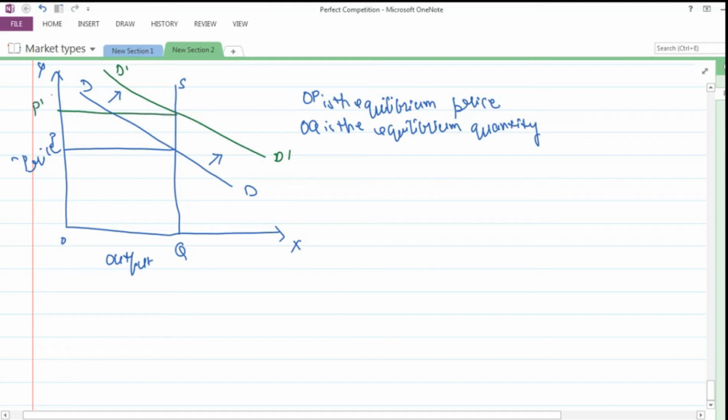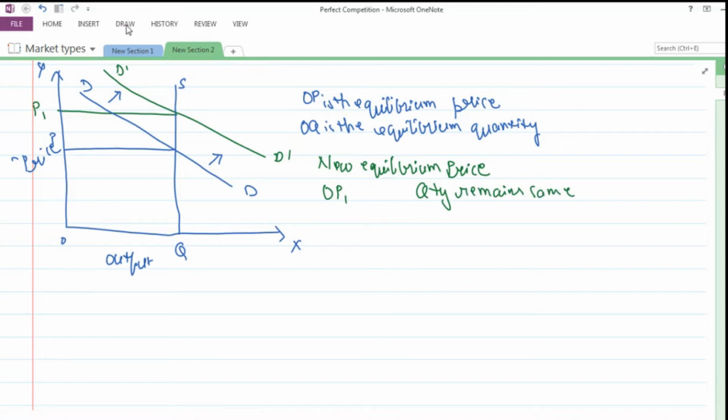New equilibrium price is equal to OP1, but quantity remains same. Due to an increase in demand and the supply being constant, the price tends to go up.